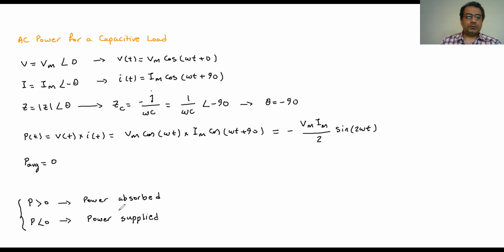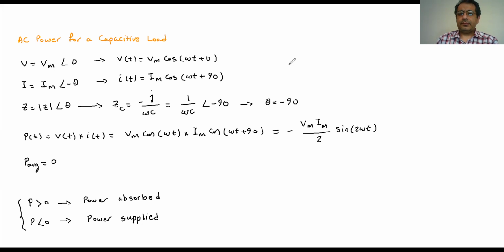And when it comes to the capacitance and inductance, because they have a sinusoidal form, it's going to be positive, negative. That means that in one cycle they store the energy, in the next cycle they release the energy, and so on. That's why the average energy consumption is zero.